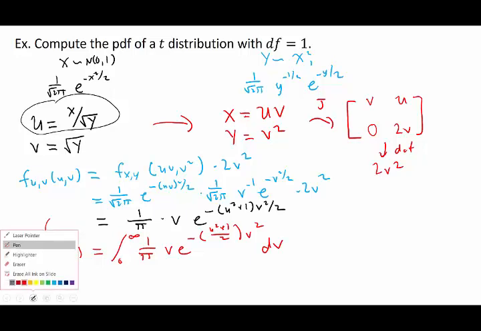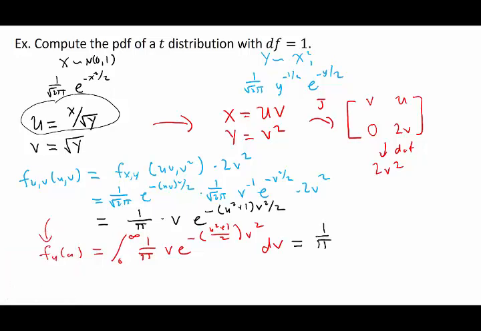And interestingly, this is actually not too bad of an integral to do. You'll notice that with this v out front, the integrand is actually the derivative of negative 1 over (u squared plus 1) times e to the negative (u squared plus 1) over 2 times v squared.